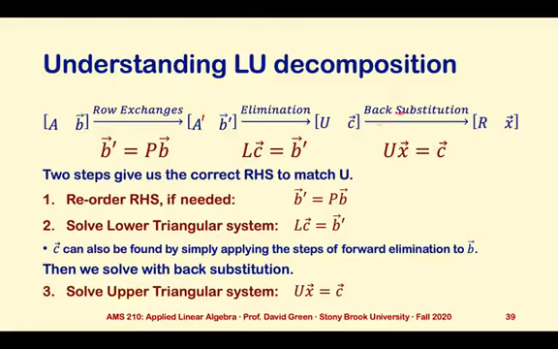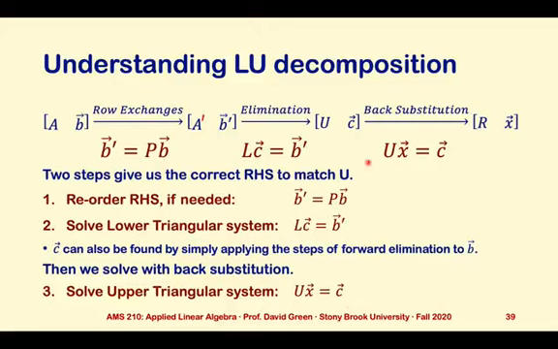What does this last back substitution step really correspond to? It corresponds to solving the system UX equals C, as if we had skipped all of these steps and we're starting here, and that's what we do in this third step.